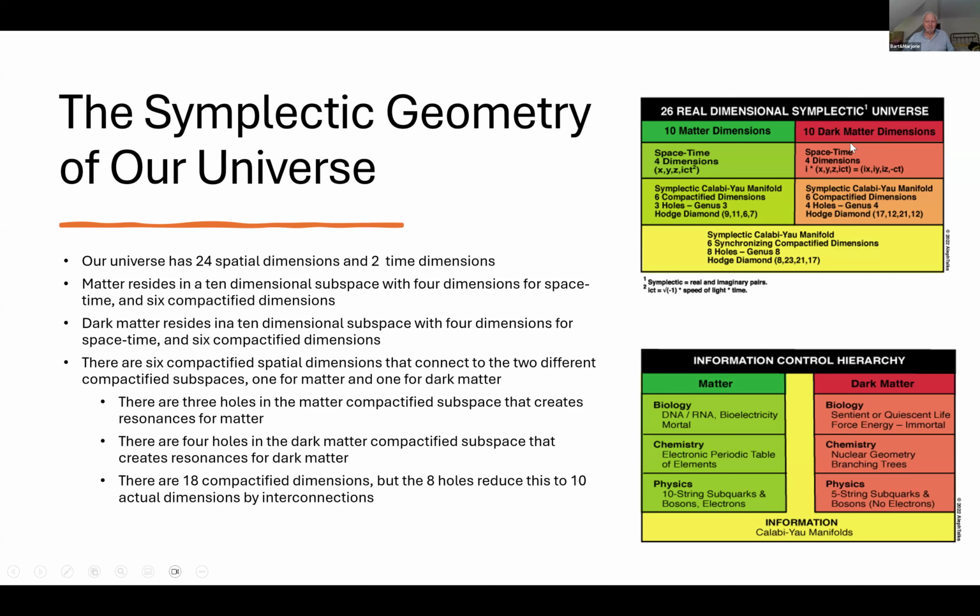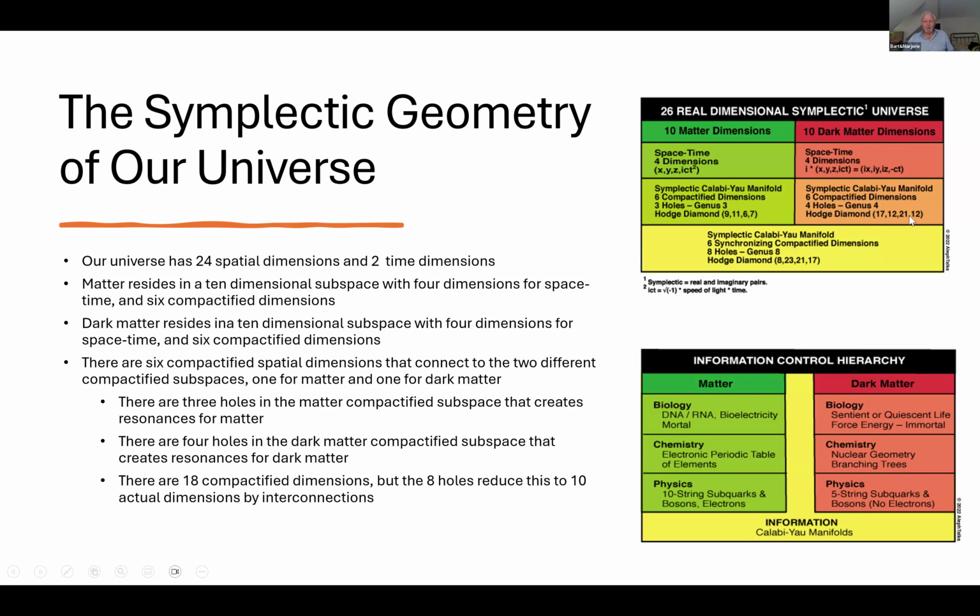Yeah, I do. Then we have dark matter, which is in a 10-dimensional subspace directly next to us, or orthogonal to us, that has its own 4 dimensions for space and time, and it has 6 compactified dimensions, just like the matter dimensions do.